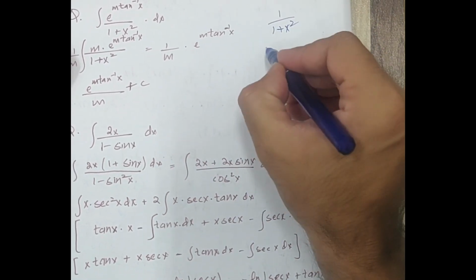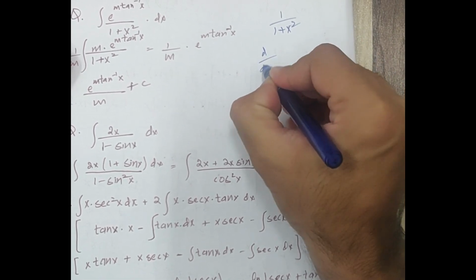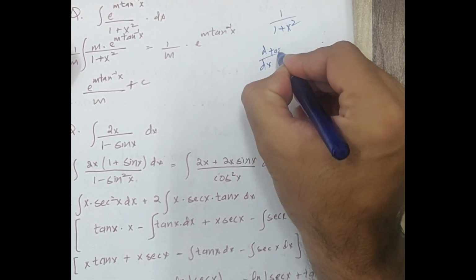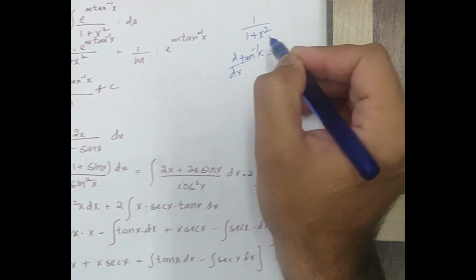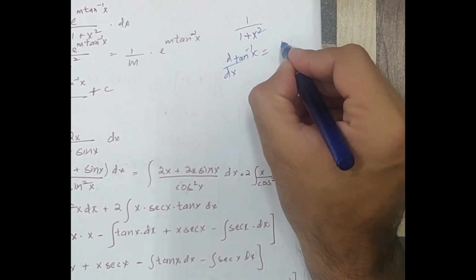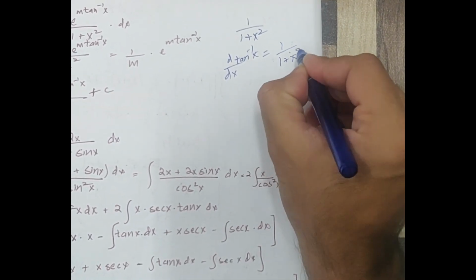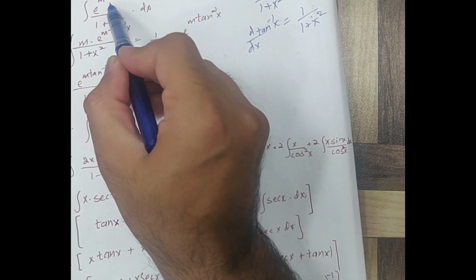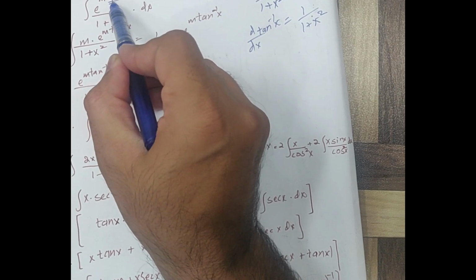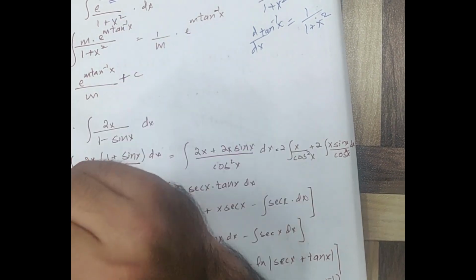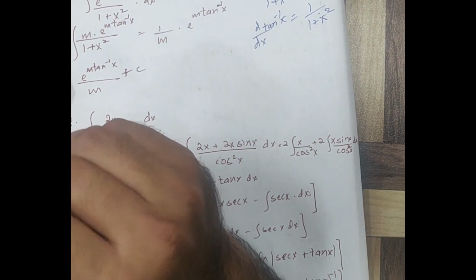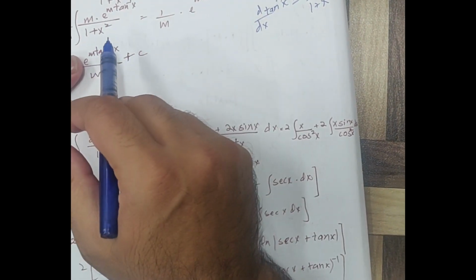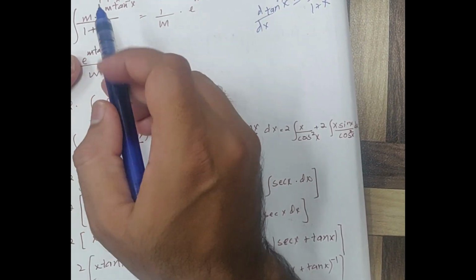We know that if we take d over dx of tan inverse of x, its solution comes out to be 1 over 1 plus x squared. So we can say that the derivative of tan inverse x exists in this expression. That's one thing.